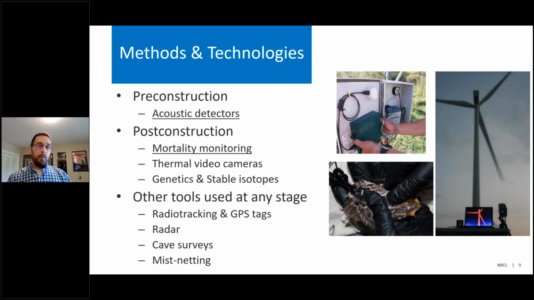So where does all this data come from? We need a lot of different methodologies and technologies to answer various questions. This list is by no means exhaustive.